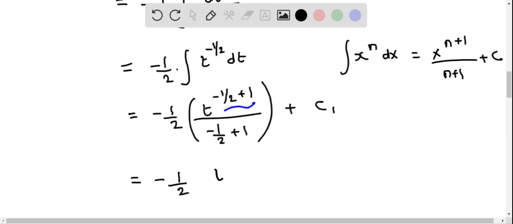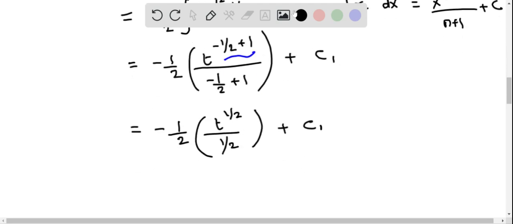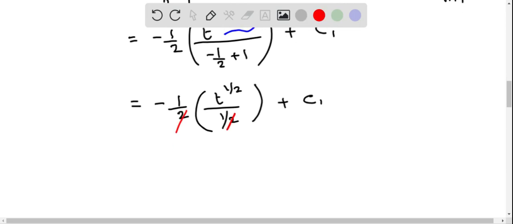So this becomes t raised to the power of half divided by negative half plus 1, which once again is half, and we put the constant of integration as c1. Now we can see that these two get cancelled, and we finally have negative of t raised to the power of half, which is equivalent to negative of root t plus c1.